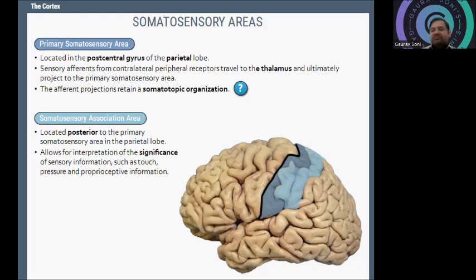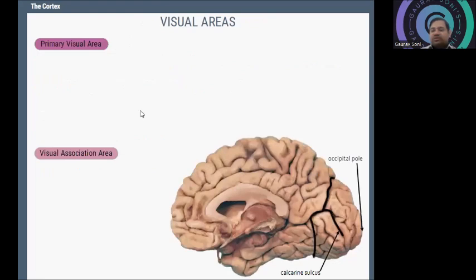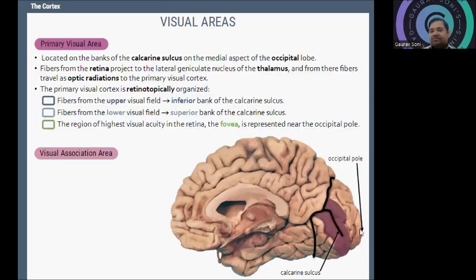Next, we have to see the visual areas. There are two types of visual areas, the primary and the visual association area. The primary visual area is present in the banks of the calcarine sulcus. This is the calcarine sulcus in the occipital lobe, on the medial aspect of the occipital lobe. Fibers from the retina project to the lateral geniculate nucleus of the thalamus.